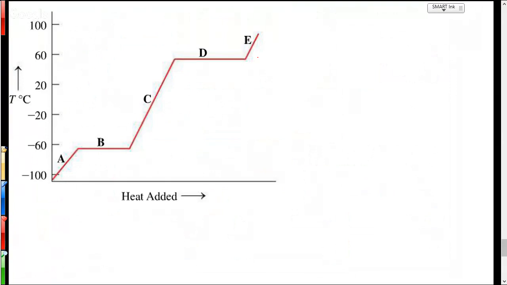You're going to have solid, liquid, and gas. That means you're going to have melting here, and boiling here. So then you can say, okay, minus 40, that's about here, in between minus 60 and minus 20. So that's a liquid.